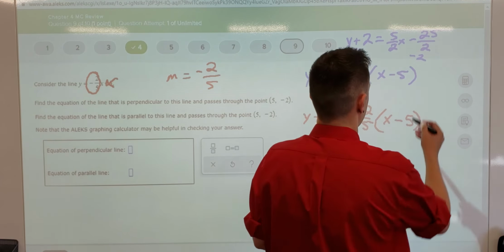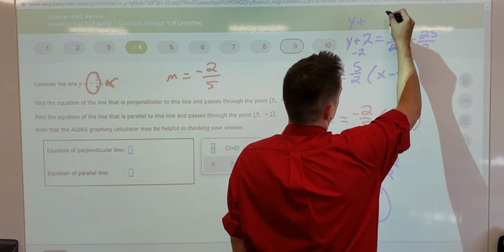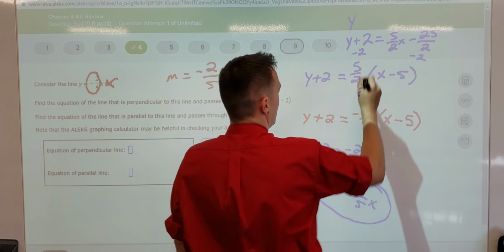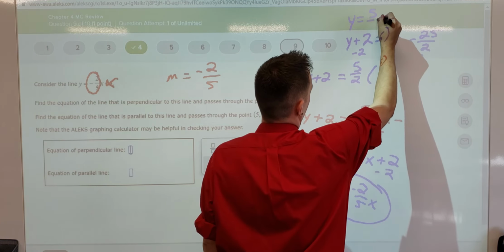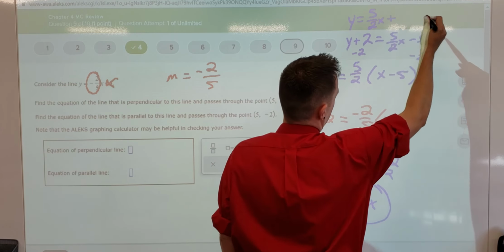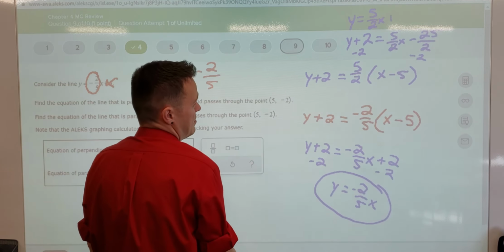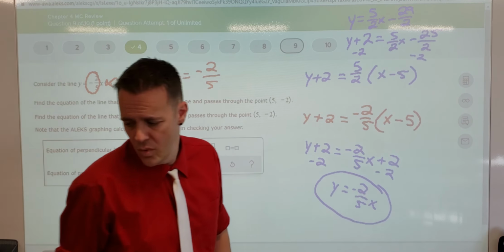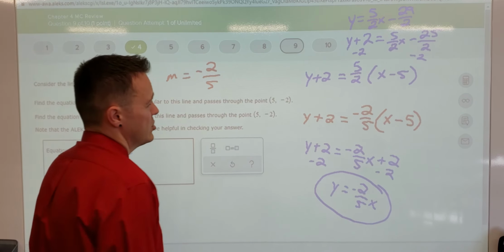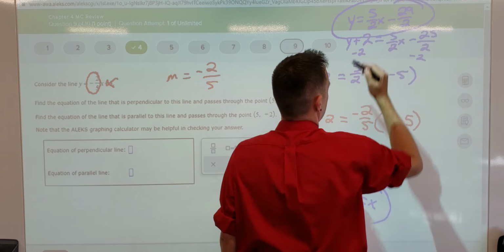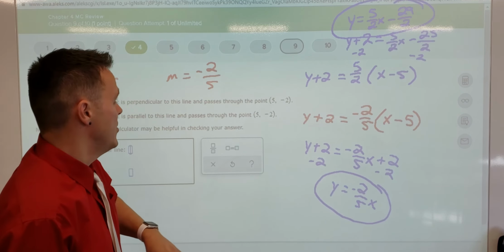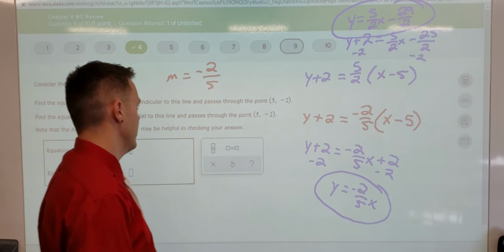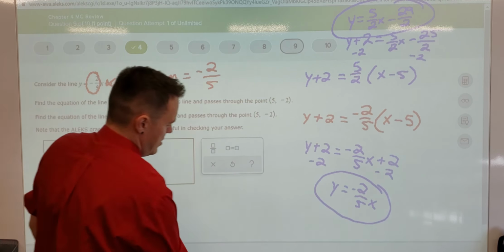So my final answer for this up here would be y equals 5 over 2x, and then it would end up being minus 29 over 2. If you struggle with that, please make sure you come see me, but that's a big weird one, and it happens, okay? So don't forget, this one here is parallel, that one there is perpendicular, and you go from there.